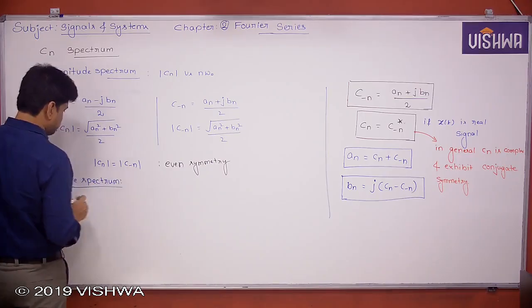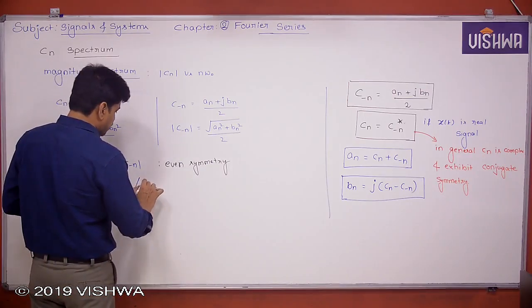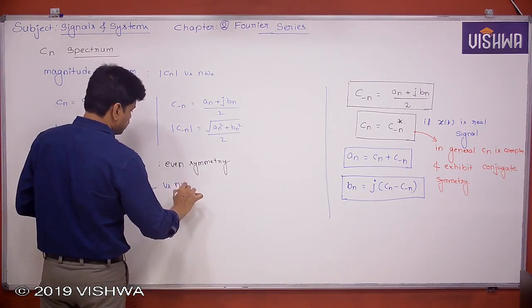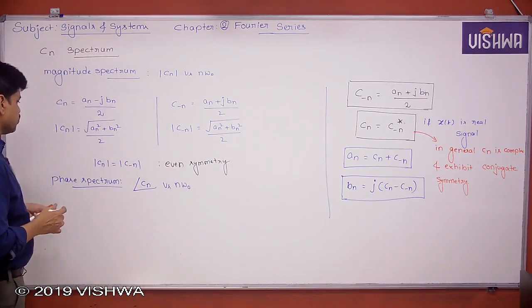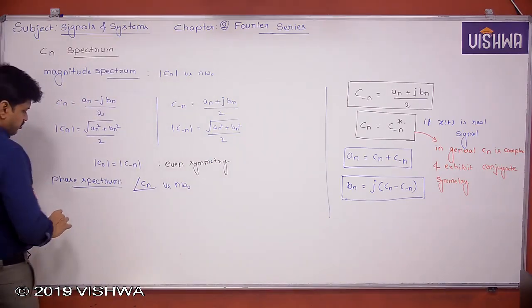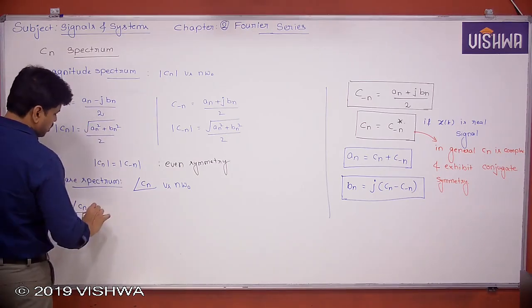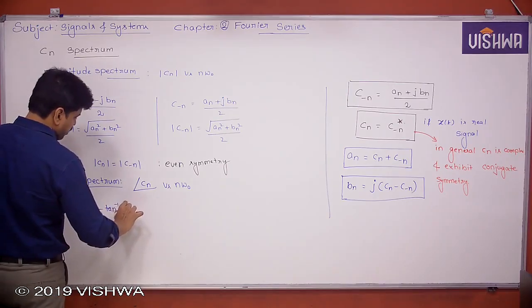In a similar manner, consider the phase spectrum. In the phase spectrum, we have to take angle of Cn versus n omega naught. Now let's see. If I take positive frequencies, what is angle of Cn? It is nothing but minus tan inverse bn by an.